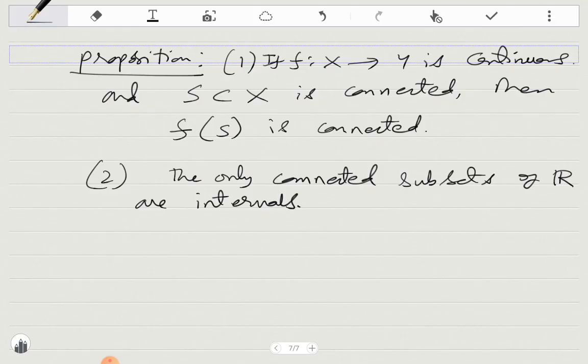Actually, let me rephrase this in a better way.